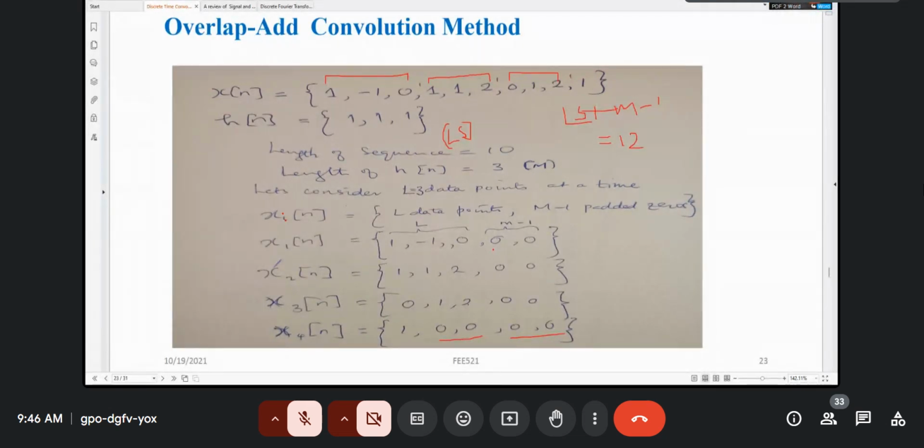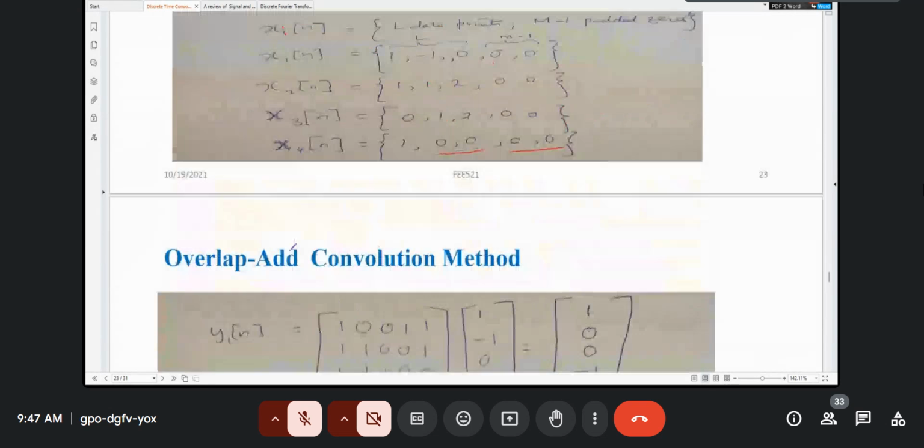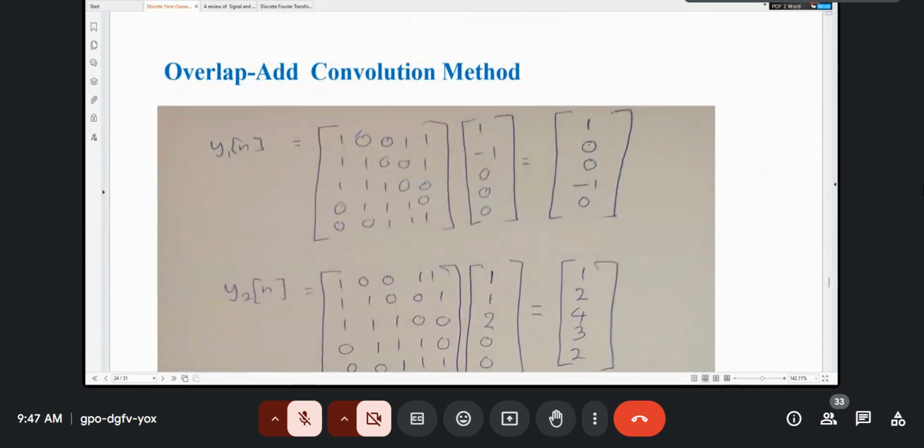Then find the element-wise product, then do the inverse transform. But we have decided here, for demonstrating this, to just use the circular convolution. It will give you the same answer.